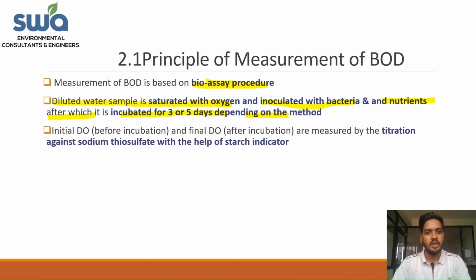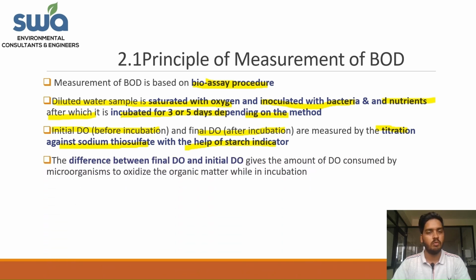We have to measure the initial DO before incubation and the final DO after incubation of 3 days or 5 days. This DO can be measured by titration against sodium thiosulfate with the help of starch indicator. After the titration, we will know the value of initial DO and the value of final DO, and so the difference.